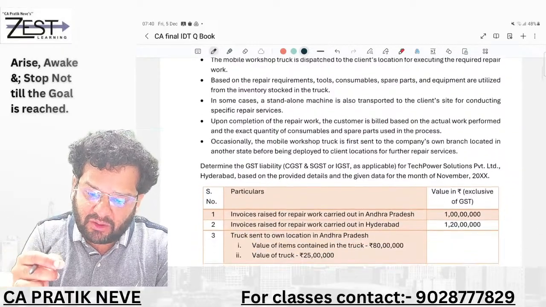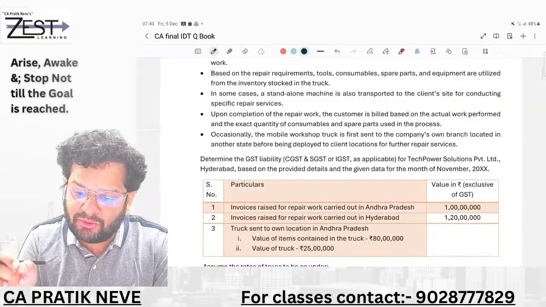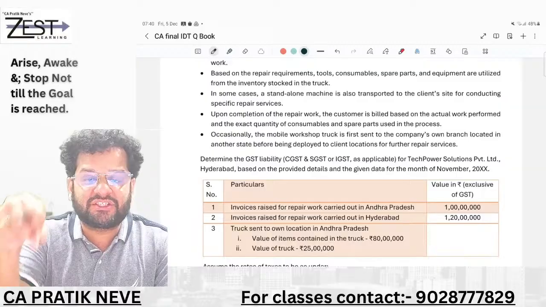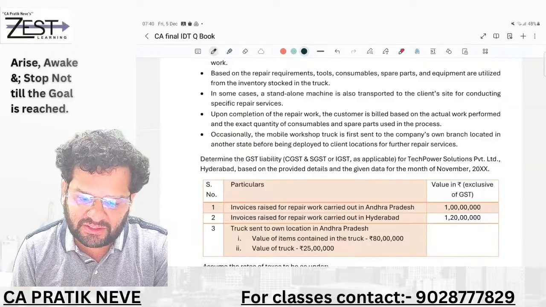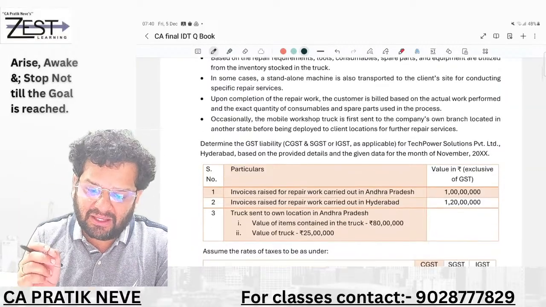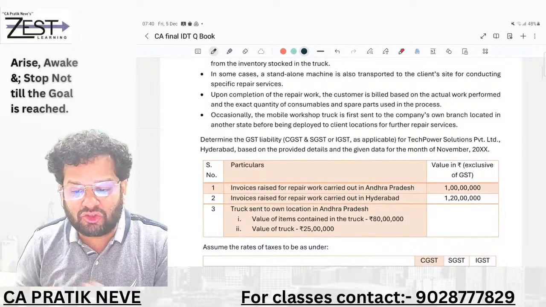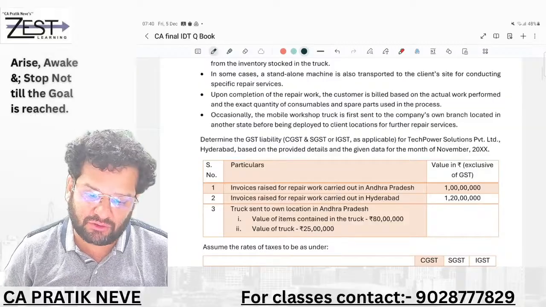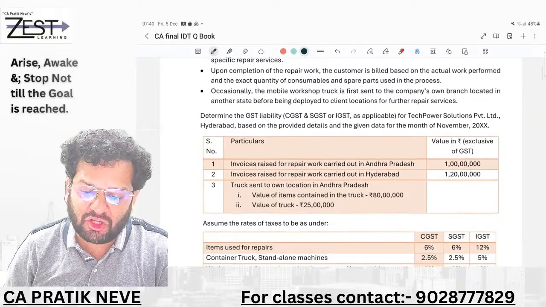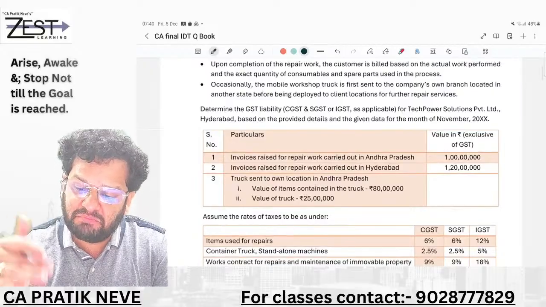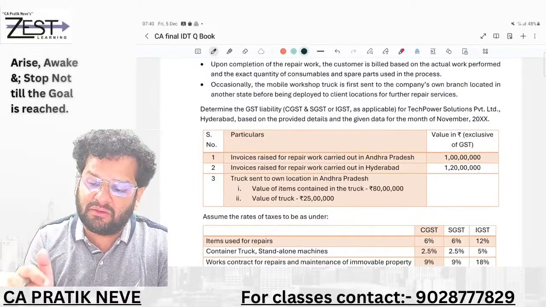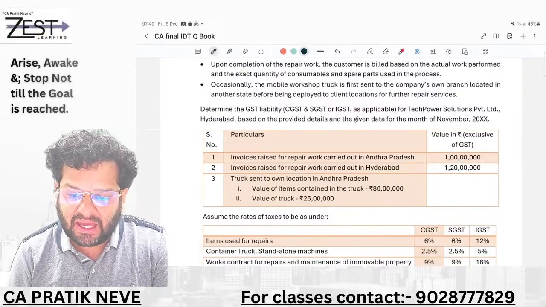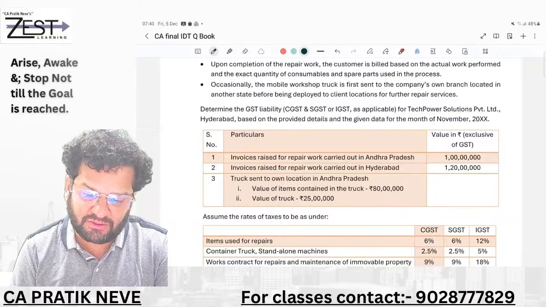Based on the repair requirements, tools, consumables, spare parts, and equipment are utilized from inventory kept in the truck. In some cases, a standalone machine is also transported to the client site for conducting specific repair service. Upon completion of repair work, the customer is billed on the actual work performed and the exact quantity of consumables and spare parts used.